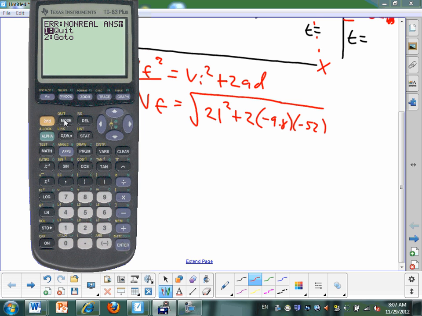Now, it says non-real answer. When I look at my formula, I accidentally put in a minus instead of a plus. Let's see if that helps. So my final velocity was 38.21.